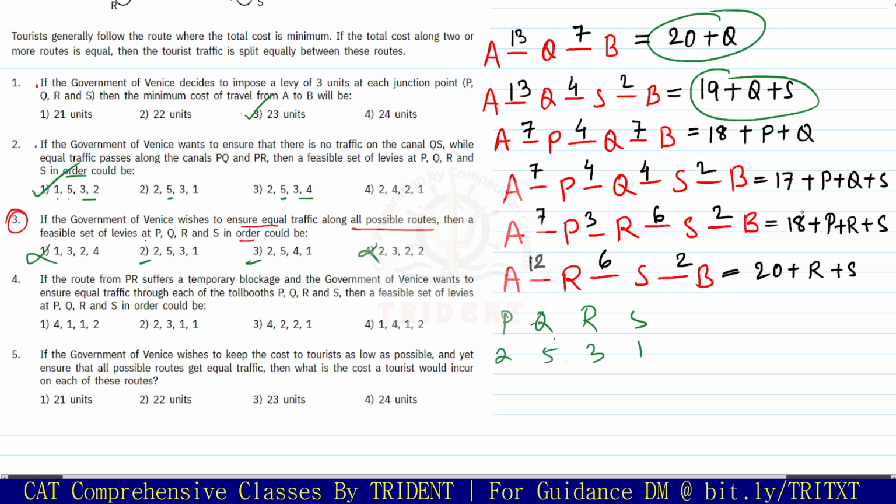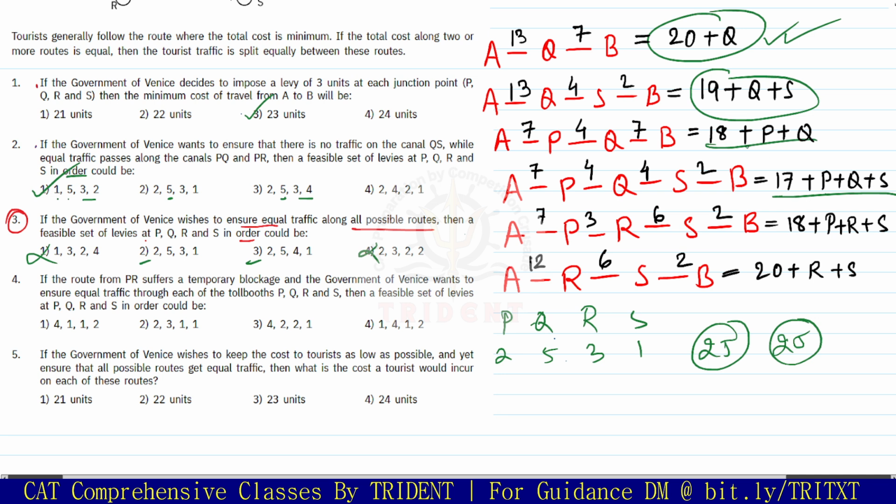Because we need to make the tariffs equal, this is going to be 19, 20 and 25. This is going to be 25, and for 20 plus Q also this is going to be 25. Now this satisfies. Let's check for one more.